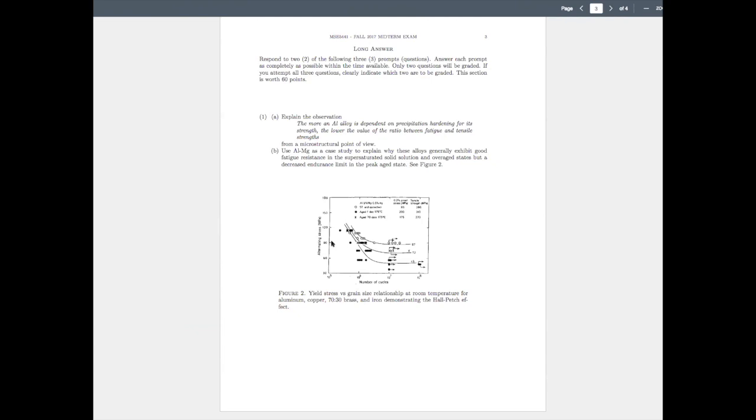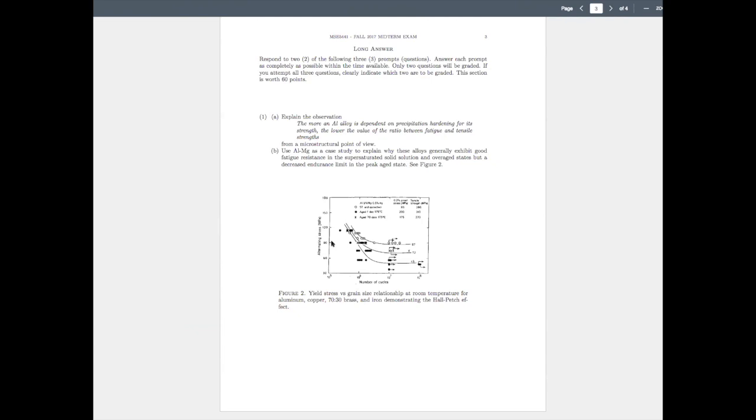Then looking at processing, processing is going to tell us out of the whole possible space of structures and properties, which ones we actually have, which phases are going to be there. Whether I quench from a high temperature or quench from a low temperature, whether I age for a long time or a short time, I'm not changing the composition, but I am changing the microstructure and the properties.